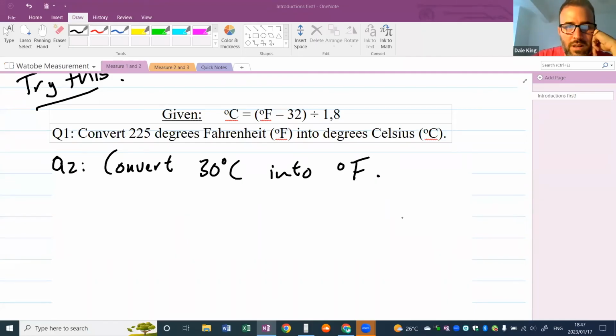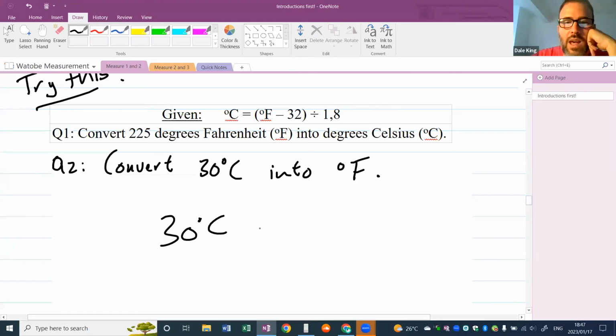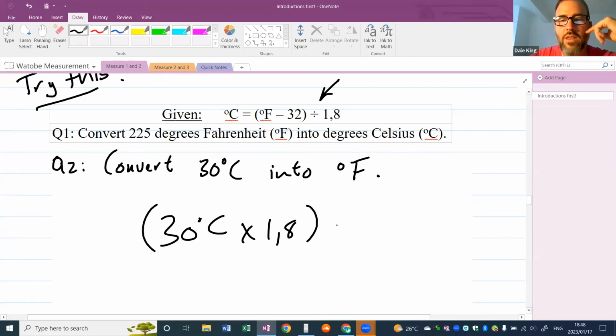So let's write what Kamo said. So you take your 30 degrees Celsius, and the first thing you do is you times it by 1.8, because they said over here you must divide by 1.8. So we want to work backwards now to go from Celsius to Fahrenheit. We've got to do the opposite operation, okay? So we would have to times by 1.8, okay? Someone says do that first, and then add on 32.